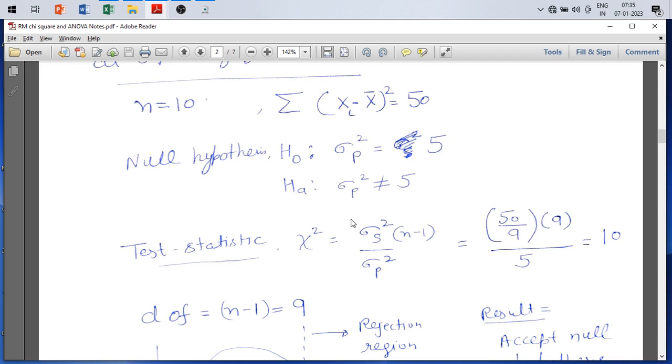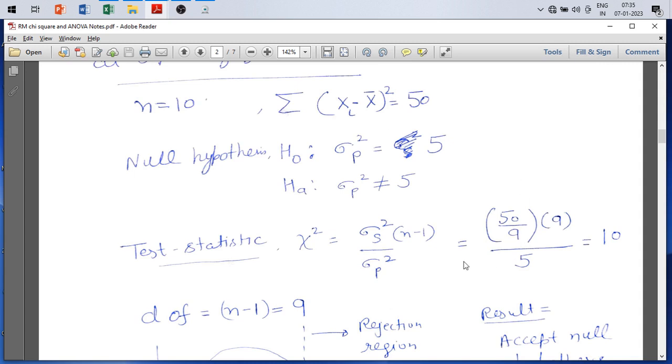If you look at this term, s square times n minus 1, that is just going to be this term, sigma of xi minus x bar squared, divided by sigma p square. So it is just a summation of terms, and if you look at it carefully, each of which has a standard normal distribution.